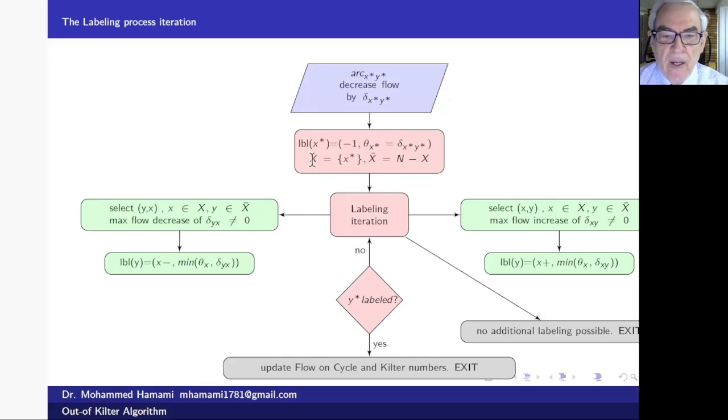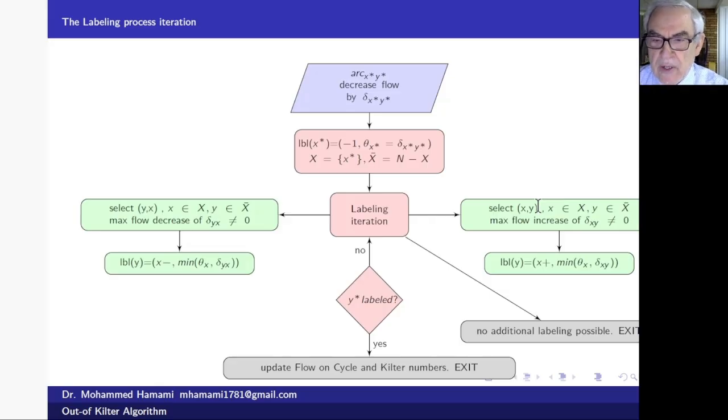Now big X is the set of labeled nodes, or the set of red nodes, and X bar is the complement of it, the set of nodes that are not labeled yet. And then we start the labeling iteration. I take a labeled node x and a node y that's not labeled yet, and we have a forward arc xy.